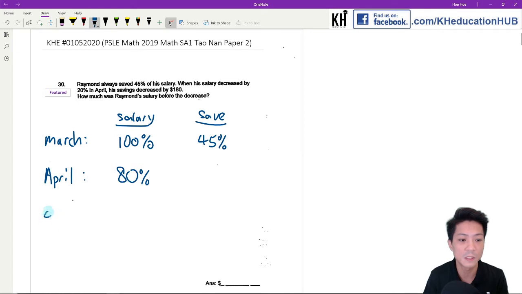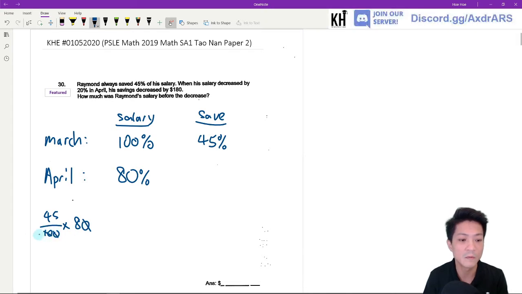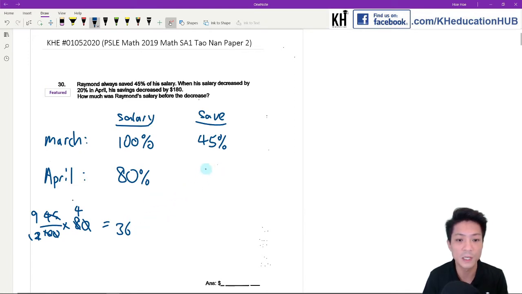So I'm gonna find what is 45% of 80%. Reduce it, divide by 5. Okay, it's gonna give me 36, which means that in April he saved 36% of his salary.